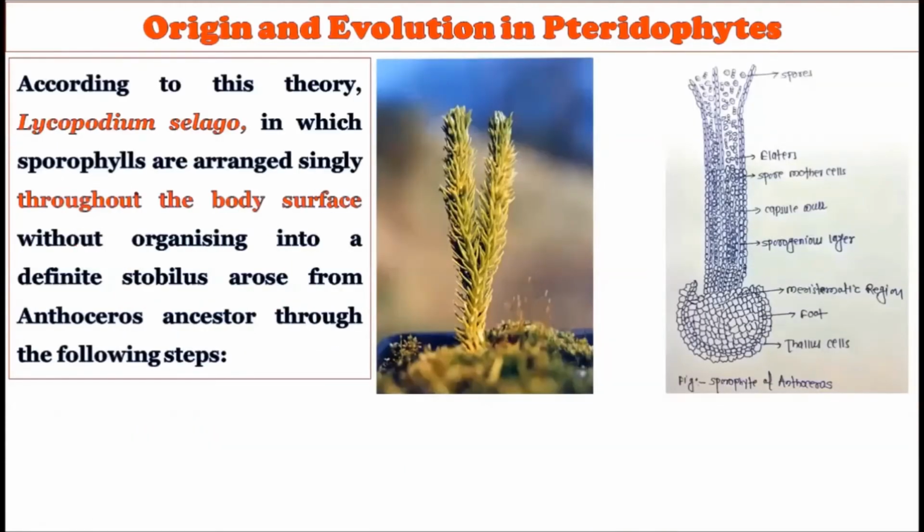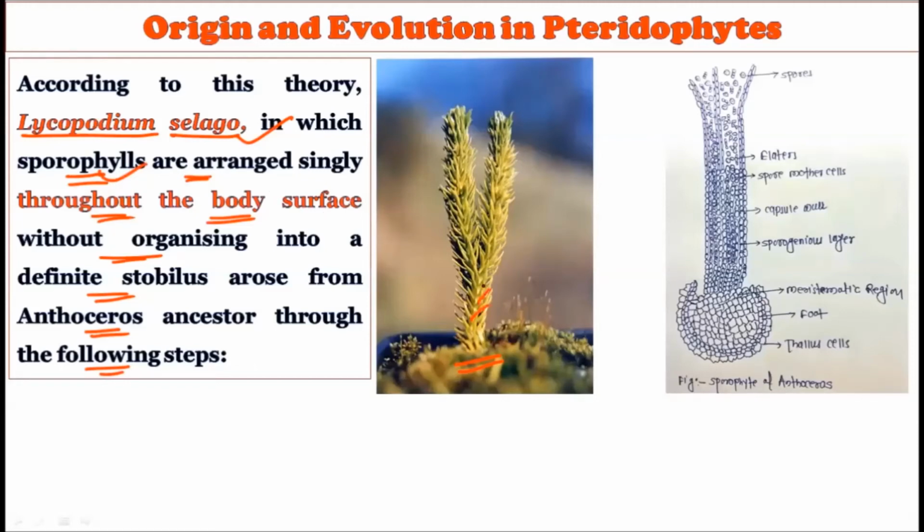Right? According to this theory, here is one example, Lycopodium selago, which is a Pteridophyte, in which the sporophylls are arranged singly throughout the body surface without organizing into definite strobili. It arose from the Anthoceros ancestor through the following steps. This plant is called Lycopodium selago. What is the specialty of this Lycopodium selago? It possesses sporophylls which are arranged singly throughout the plant body surface.